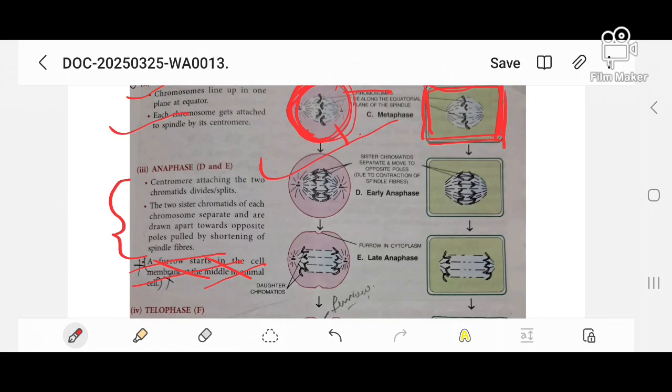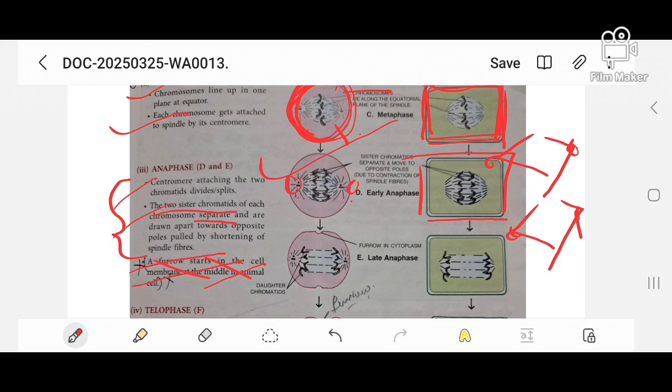You can see the chromosome divided in this manner, like this. In this way they have been divided. In anaphase, the chromosomes get divided towards opposite poles. The two sister chromatids of each chromosome separate and are drawn apart towards opposite poles, pulled by shortening of spindle fibers. So these two points are important.